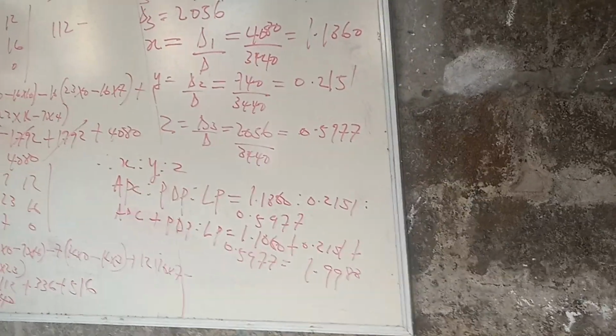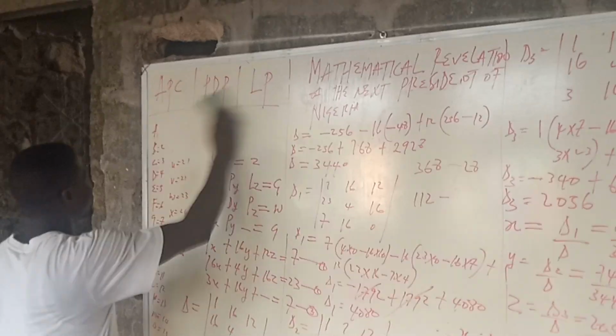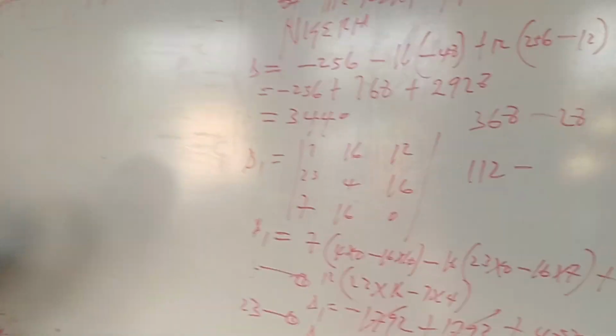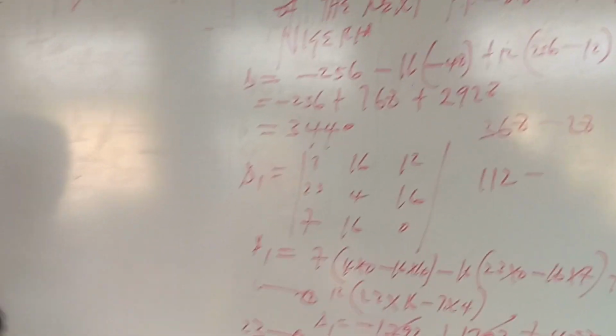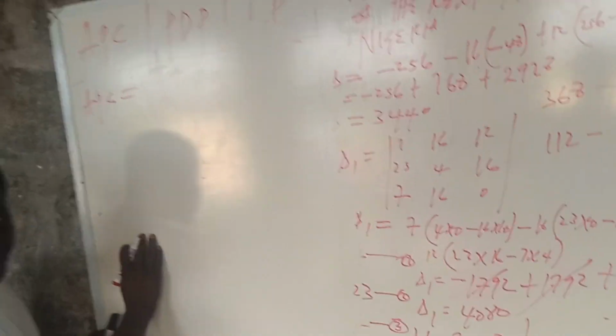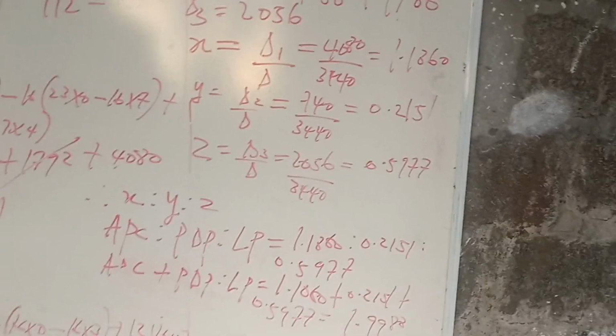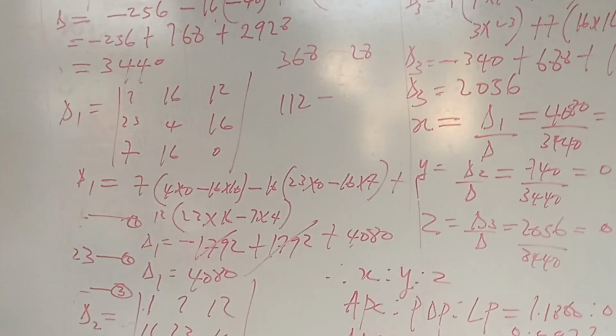So let's get the fraction for APC. On Saturday, you shall know your next president with this mathematical proof. APC is equal to 1.1860.